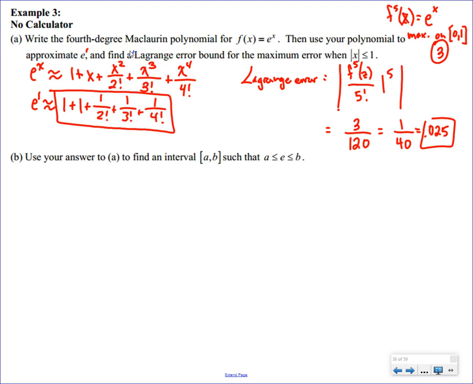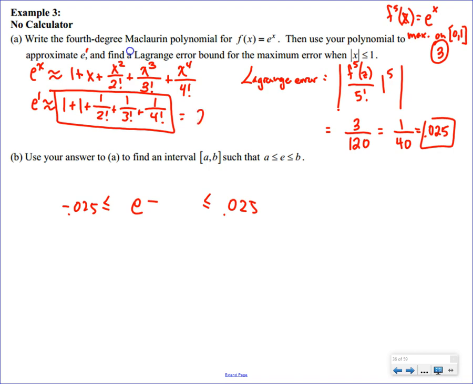Define an interval. E minus 0.205. That's this one? No, that's point, that's there. Pretty much.